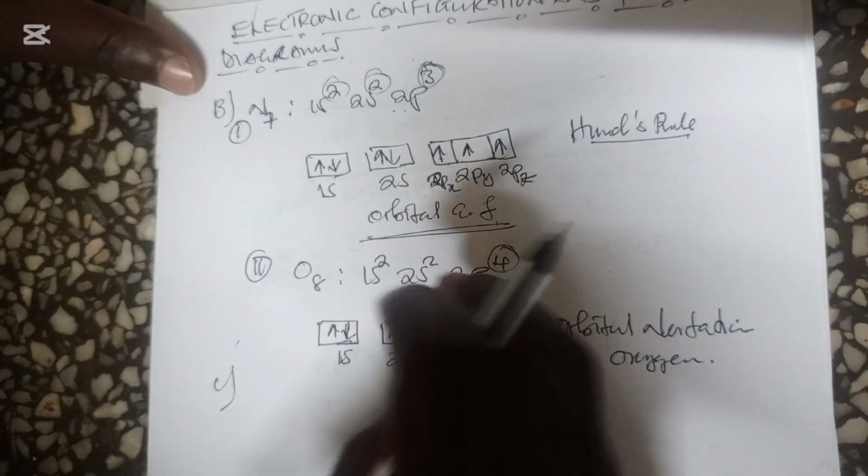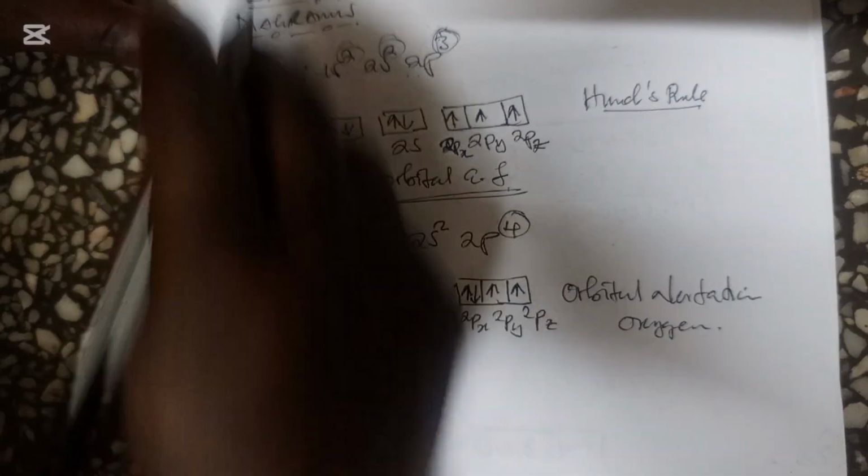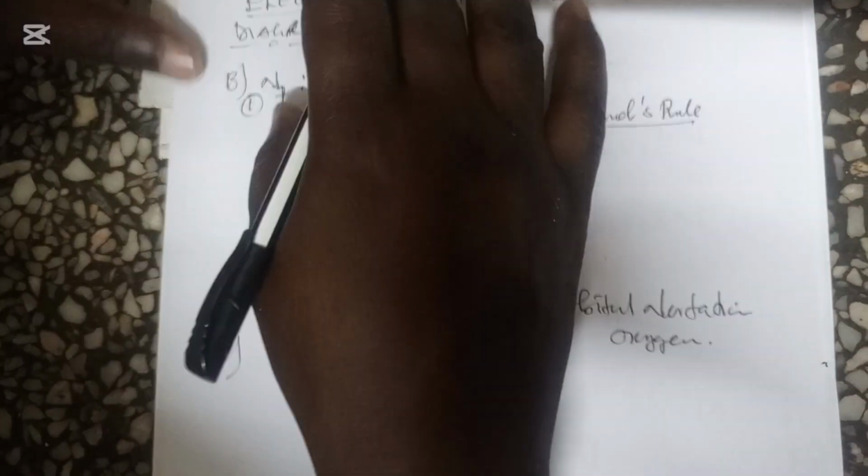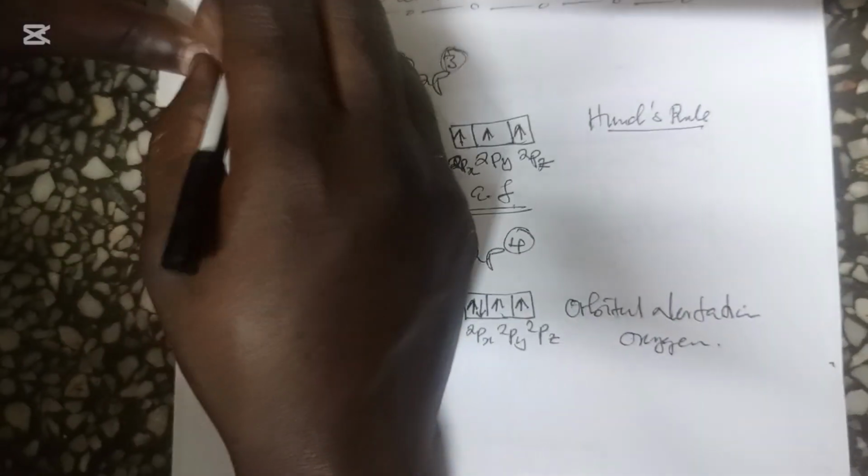Question C also says, using the same elements, write down the energy profile diagram for nitrogen as well as oxygen. So you do the same.